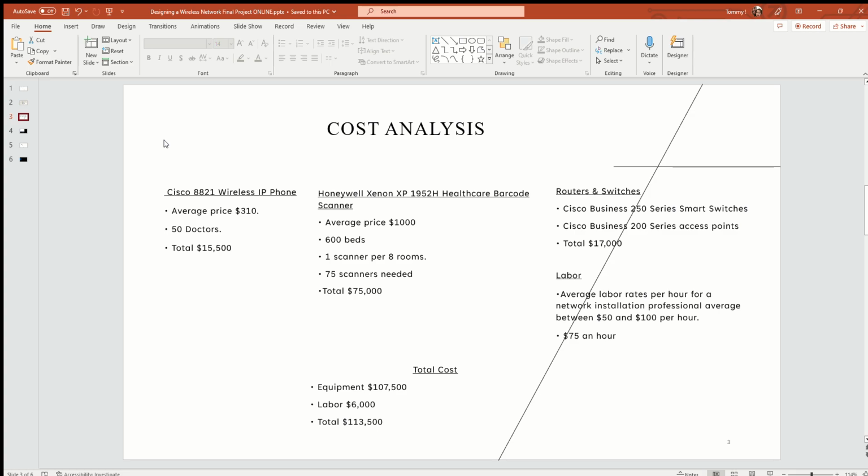And let's say that the install is going to take roughly 60 to 80 hours. And we are assuming that the hospital has pre-existing components such as already established Ethernet wires, like the Cat5 and Cat6.